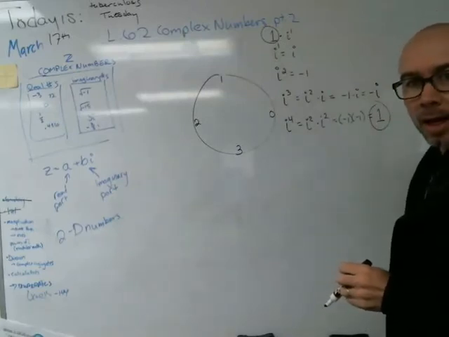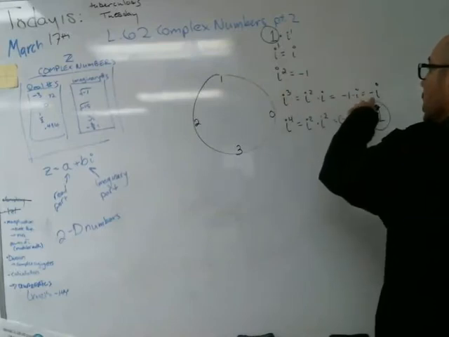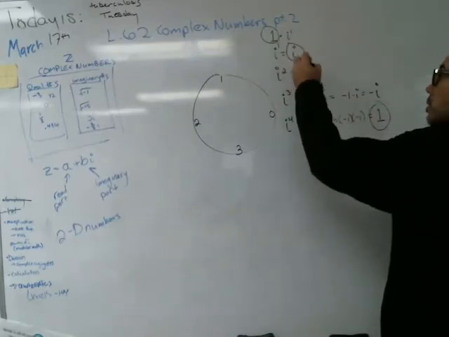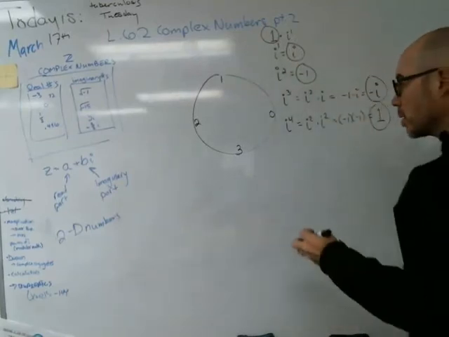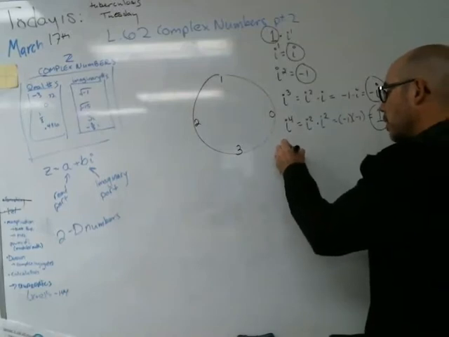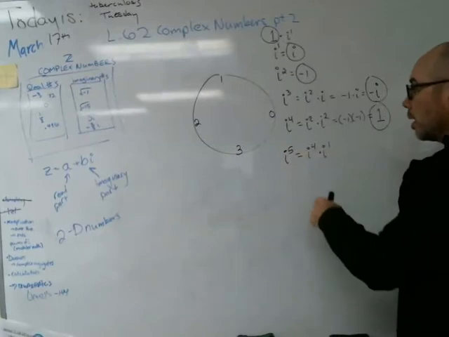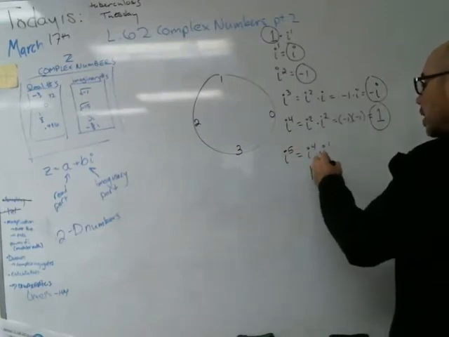1 times i times i times i again times i, and we get these answers. And we're only ever going to get these answers because what happens if I go i to the 5th? Well, i to the 5th is i to the 4th times i to the 1. i to the 4th is 1, and i to the 1 is i.